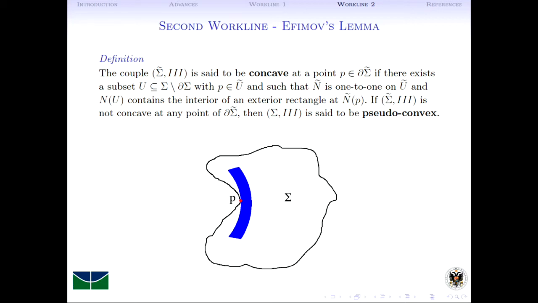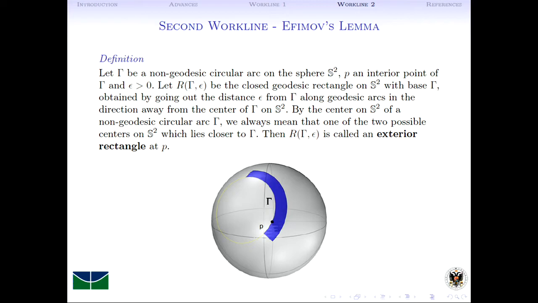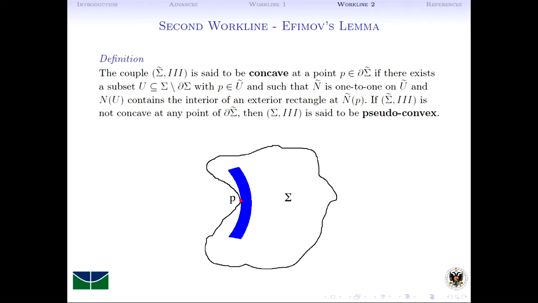A point of concavity P is a point which lies in the completion of a certain domain U, which in its spherical image in the sphere contains a stereo rectangle like this at the point NP, the image of P by the Gauss map.